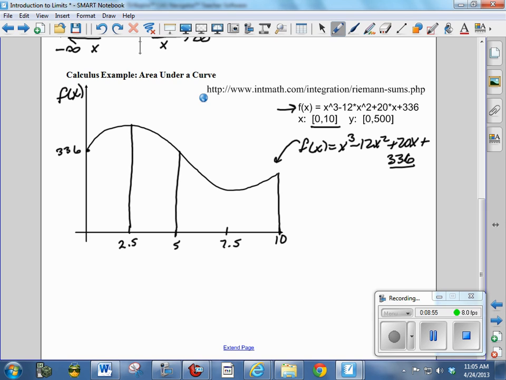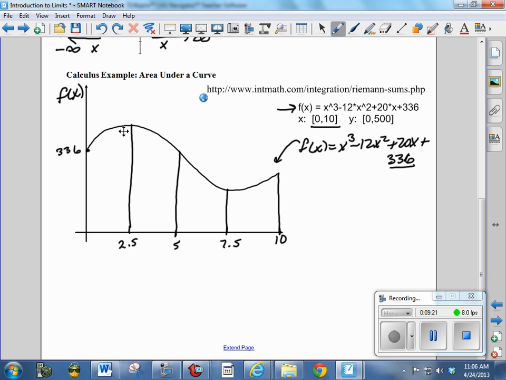Now, how should I draw my rectangle? I could do one of two things. Actually, I could do 3 different things. I could draw a rectangle just across from my right-hand side here, or I could draw a rectangle across from my left-hand side here. The other thing I could do is put the midpoint of the rectangle on the function.